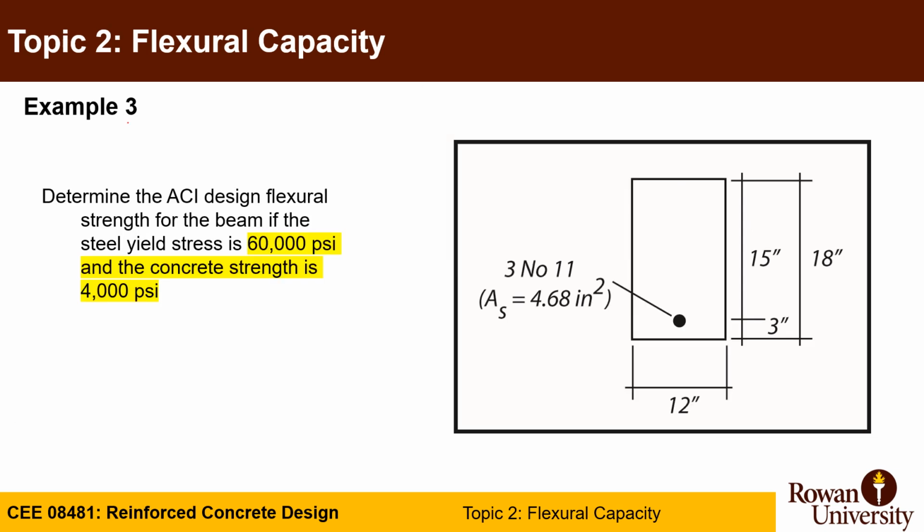In example number 3, we are actually using a cross section of width 12 inches, total depth of 18, structural depth of 15, cover of 3, and reinforcement of 4.68 in². Steel is almost 60 ksi yielding, and concrete f'c is 4,000 psi.